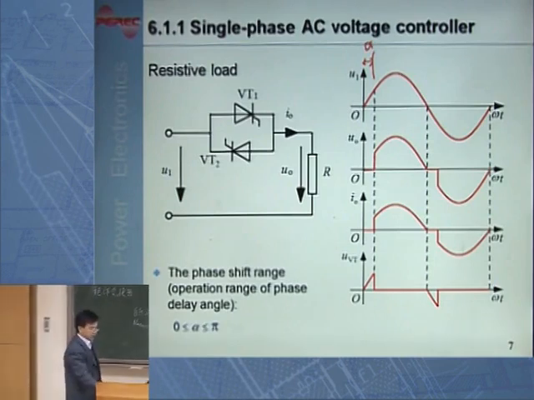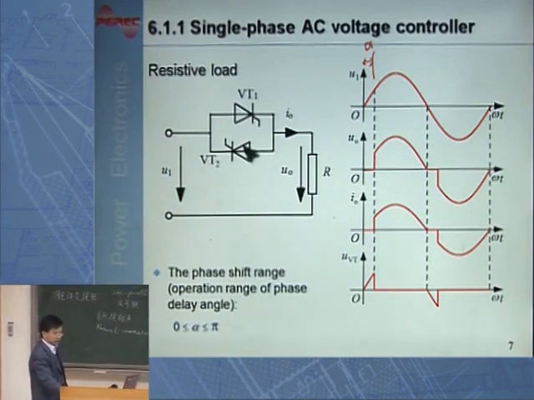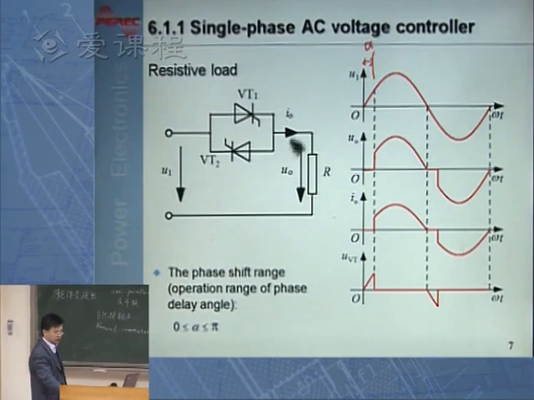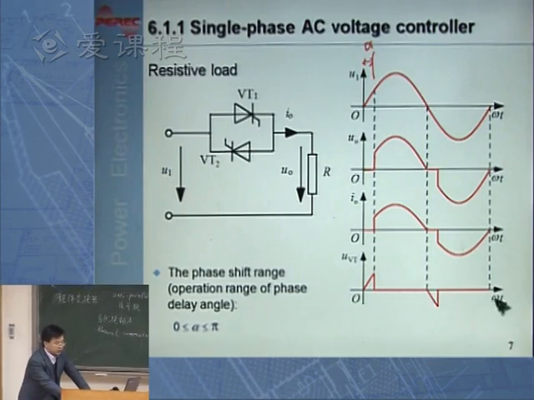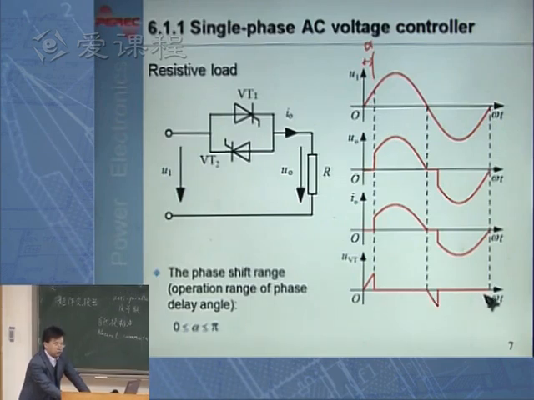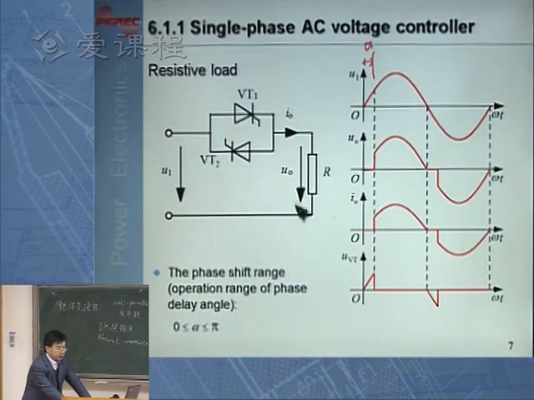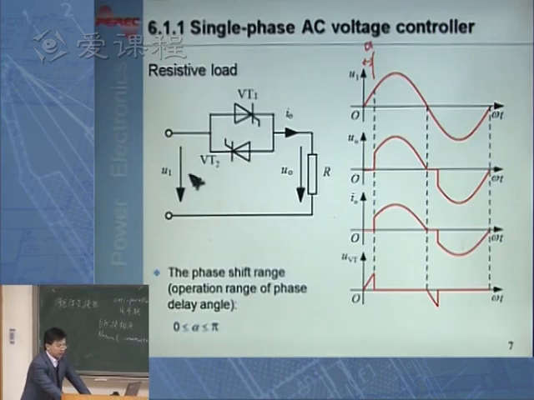And I'm also listing the waveform of the voltage across this pair of thyristors here. So when you turn on either VT1 or VT2, the voltage across the thyristors will always be 0. You see, this part and this part, these are always 0. But when those two are blocking, when these are under off state, then all the input voltage will be applied to this pair of thyristors.